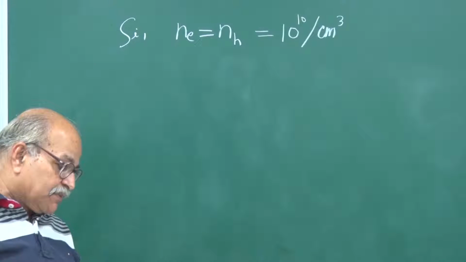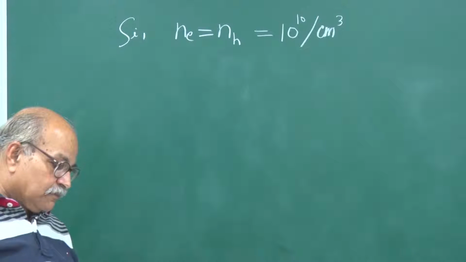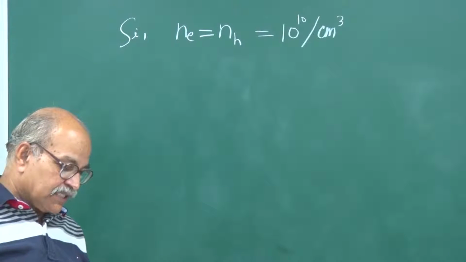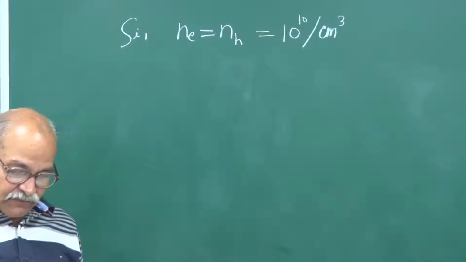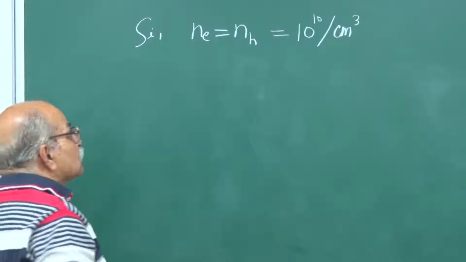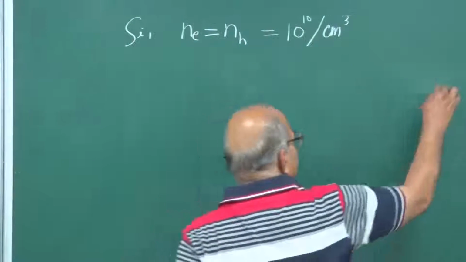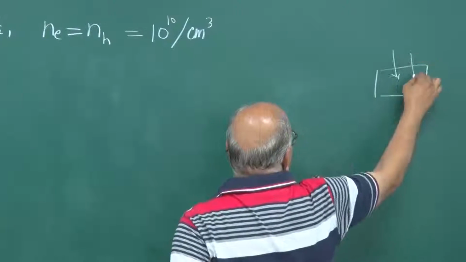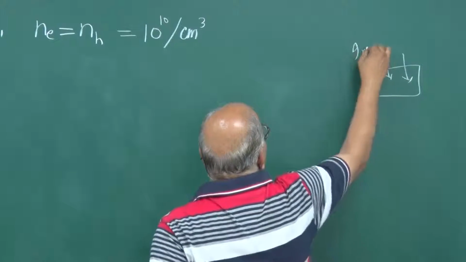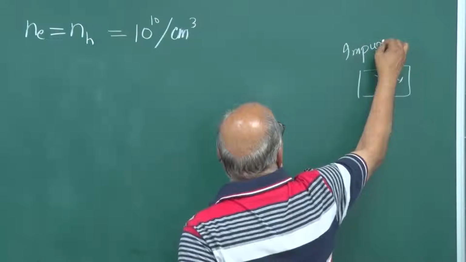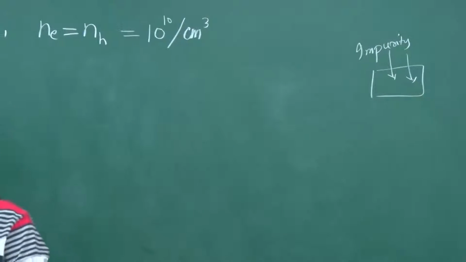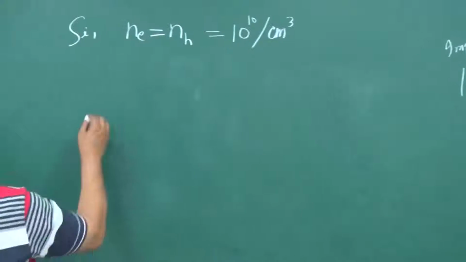A p-type semiconductor is made by doping impurity with concentration 10 to the power 17 per centimeter cube. So in this intrinsic silicon, you dope some impurity, and that impurity concentration is given, it is 10 to the power 17.